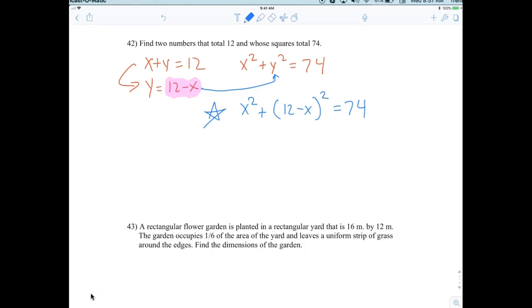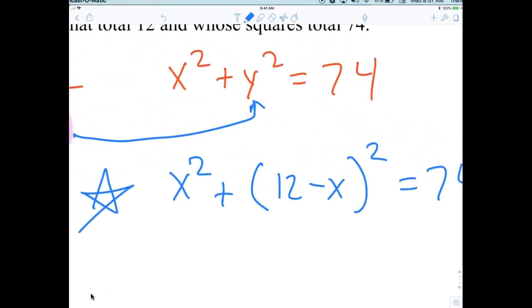Because now I have an equation with only one variable, and we can solve that now. Why do you put the exponent on the outside? Because the whole y is being squared. Right?